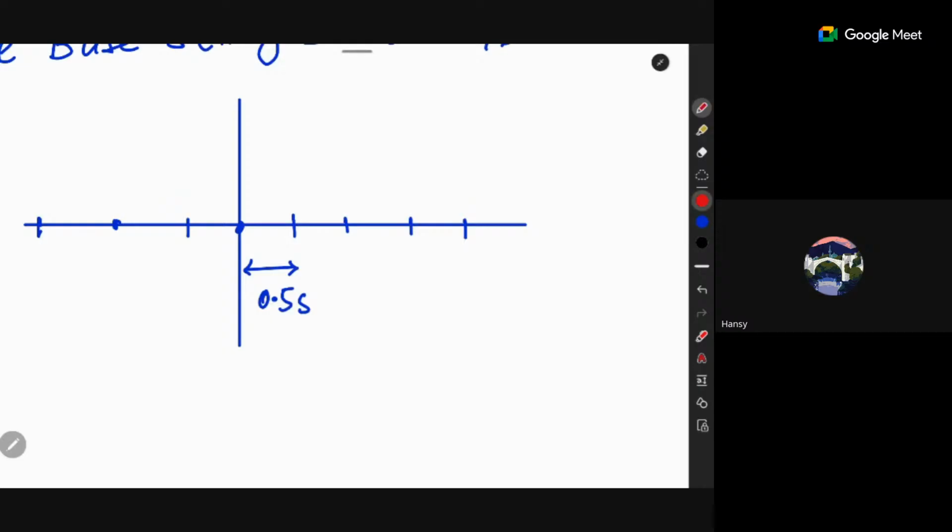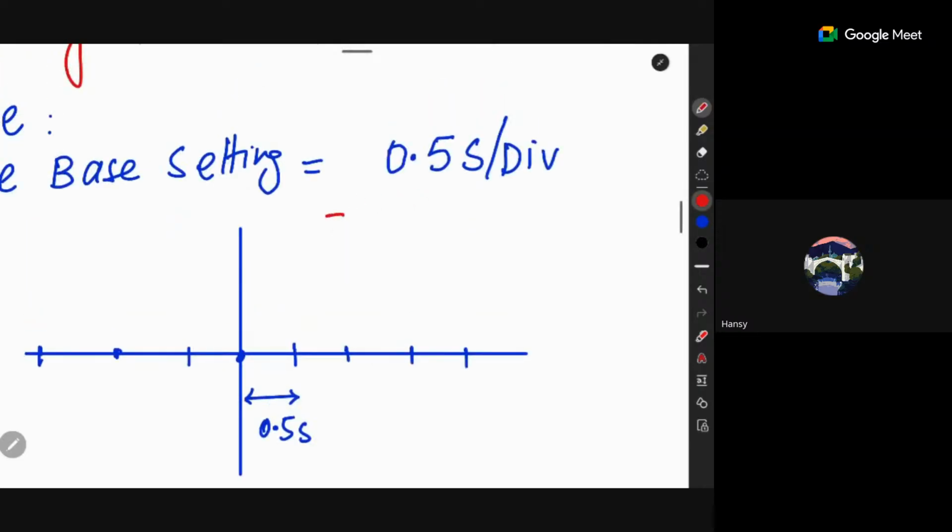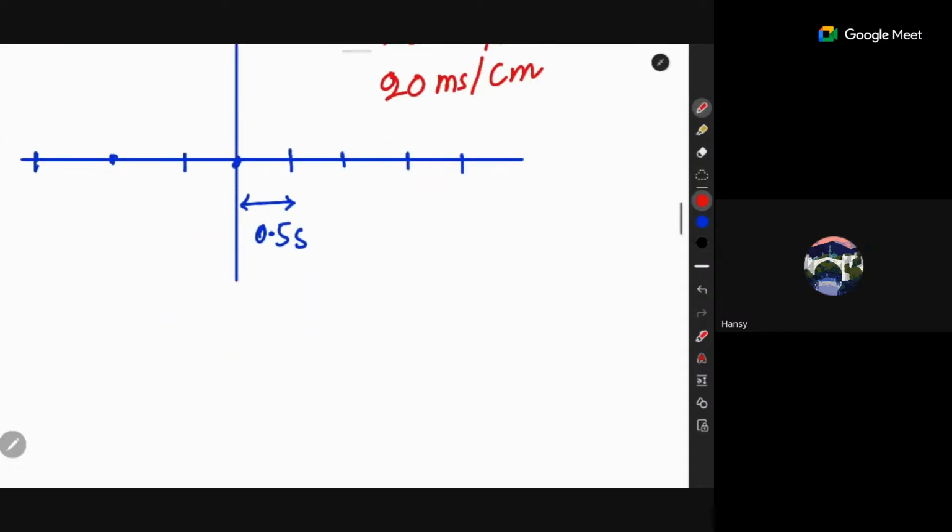Then if time-based setting is equals to 20 milliseconds per division or per centimeter, so what does it mean? That this same distance is now indicating 20 milliseconds. Is this very clear to everyone? Yes, sir.